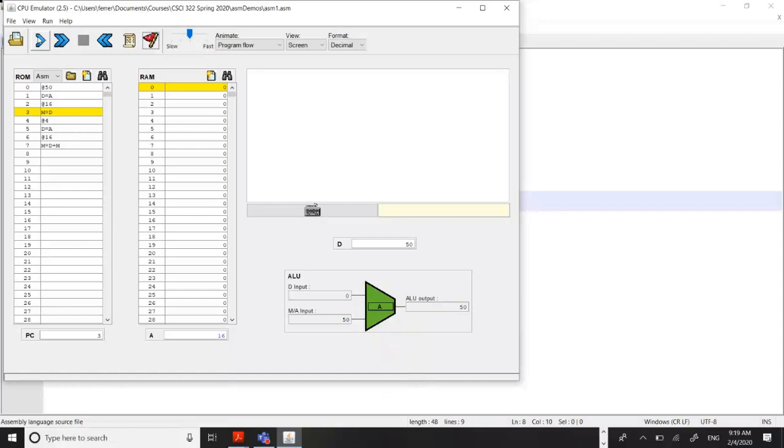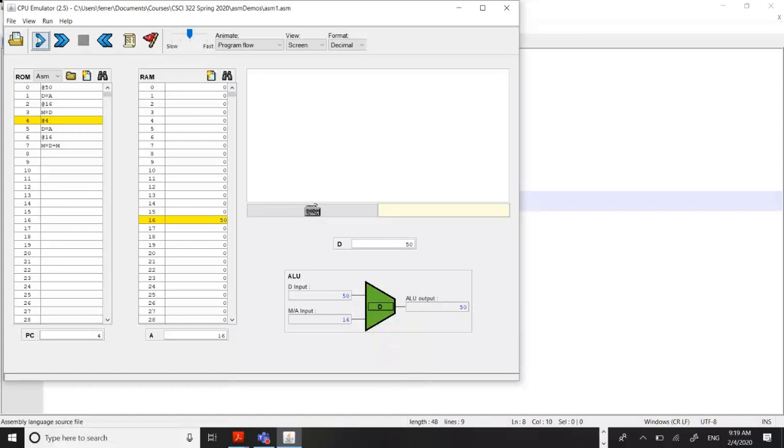Next instruction is M equals D. What's that going to look like? D came in as a 50, because that's what was stored there. The MA input actually came in as a 16, because that's what I set the address register to.